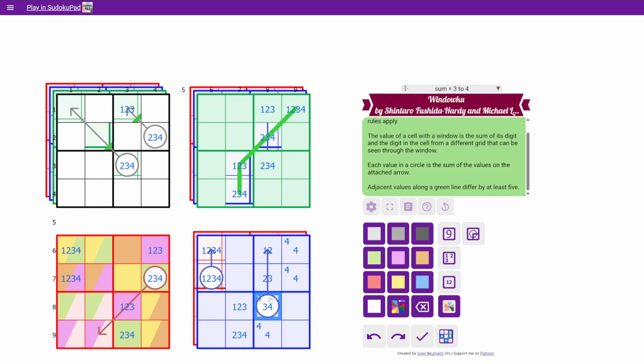If this was 3, this would be 2, 1. 4 would be here. Then 4 would be there. Or, no. If this was 4, then 4 would be there. That is correct. 4 would be here. I think that would be okay.